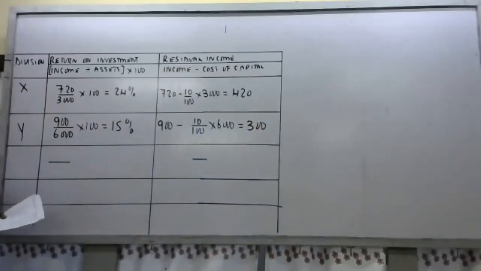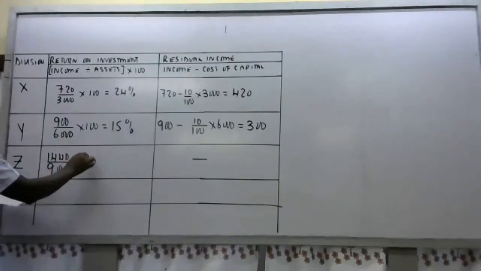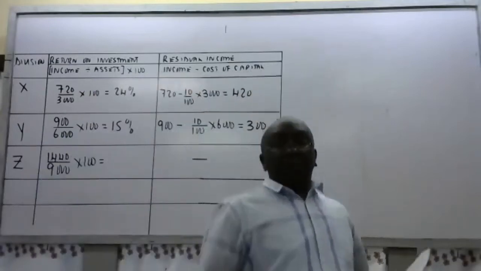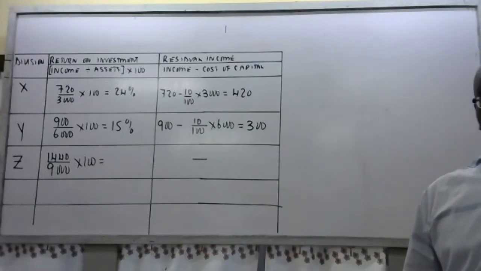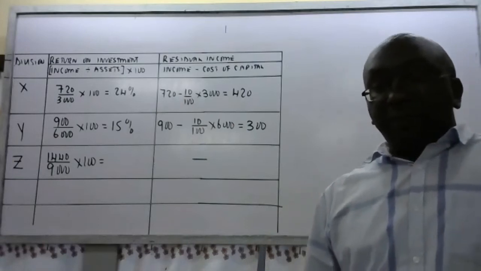Then on this other side, we come to Z. Z has 1440, and the assets are 9,000, times 100. What percent is that? Yeah, I can see 16 from June, yes, from Jack.